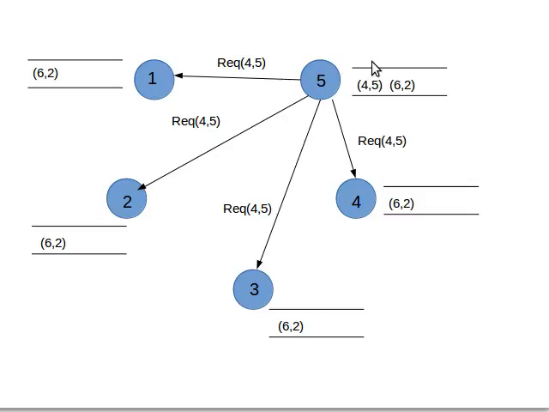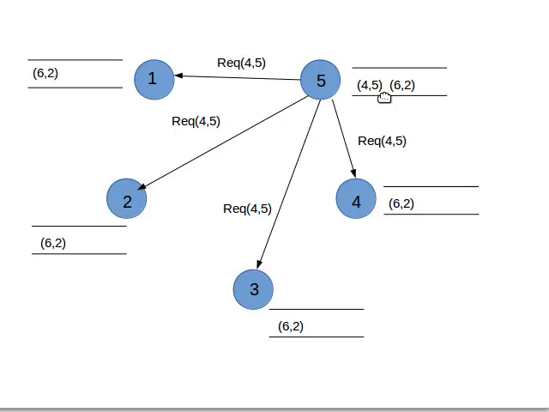Here site 5 is requesting and its timestamp is 4, and site 2 has requested and its timestamp is 6. Whenever a request is inserted into the queue, the site has to check the incoming request's timestamp with the existing timestamps.